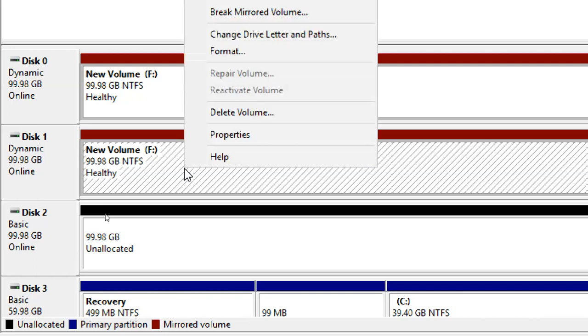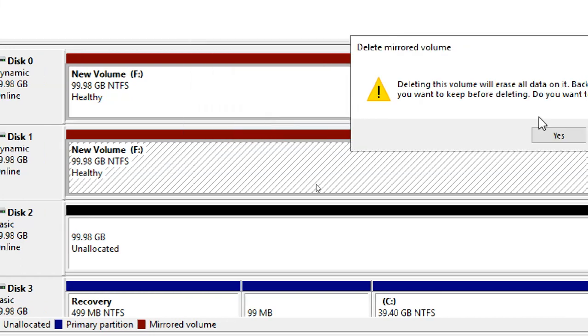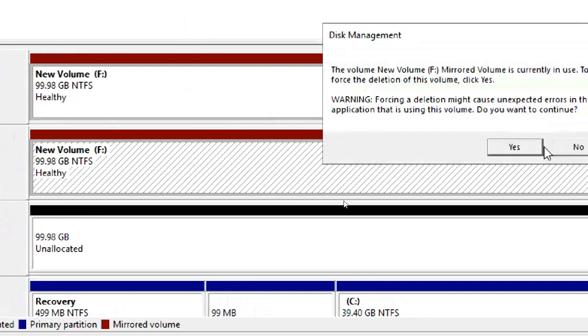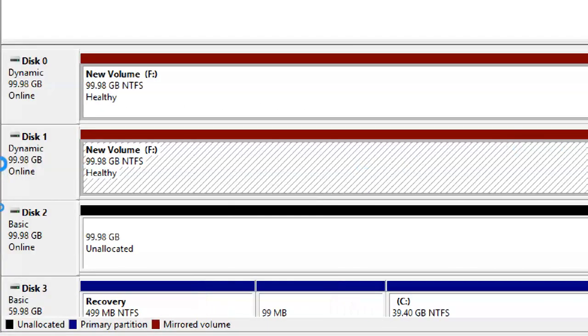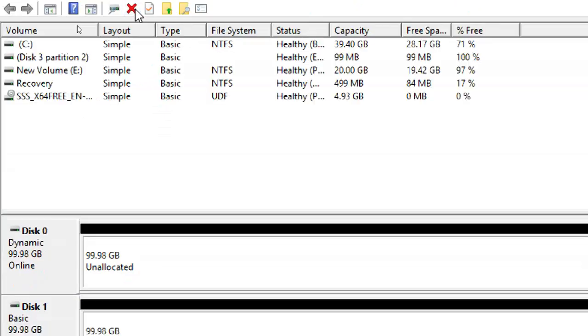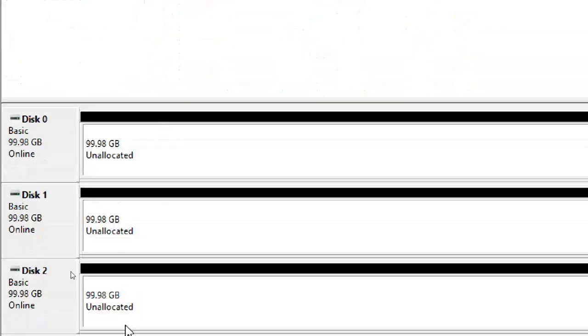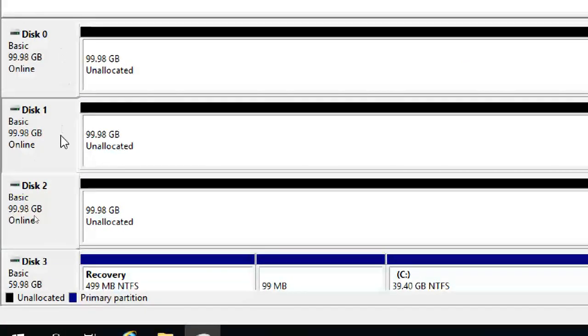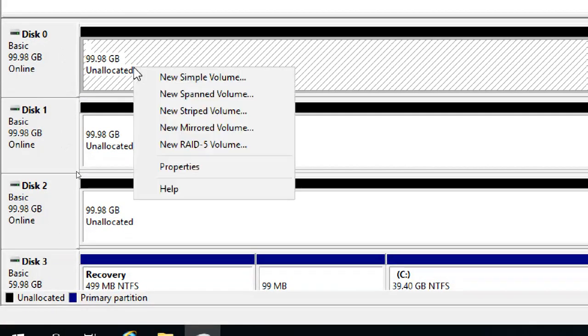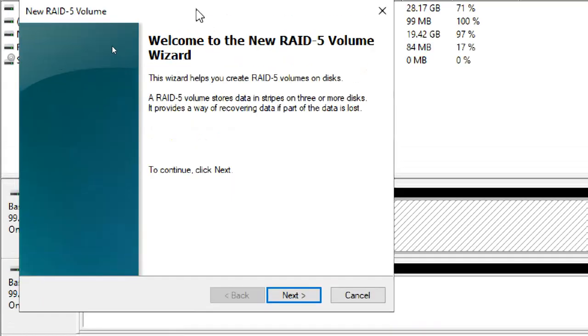I'm going to delete this volume. This is a mirror volume. F drive completed. Disk 0, disk 1, disk 2. Here I'm going to create a RAID 5. A RAID 5 volume stores data in stripes on three or more disks.